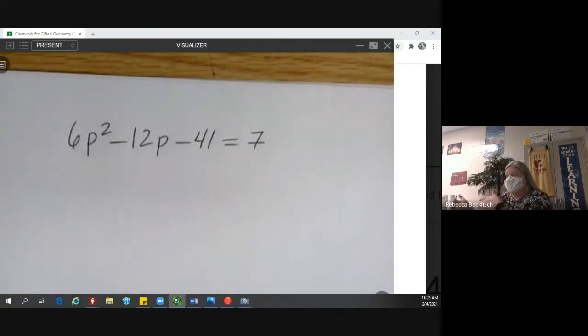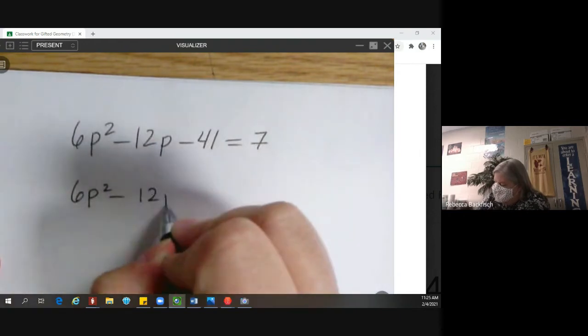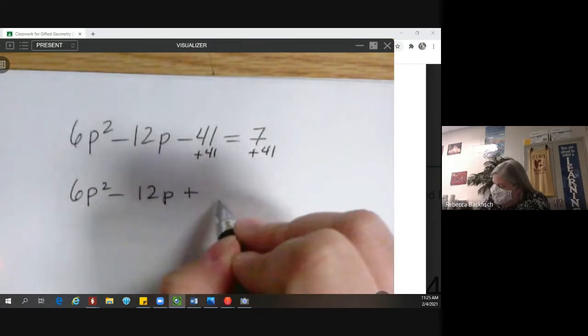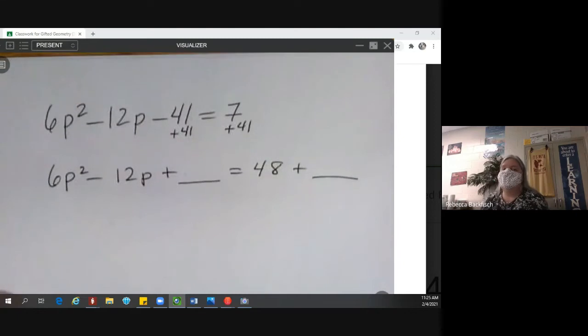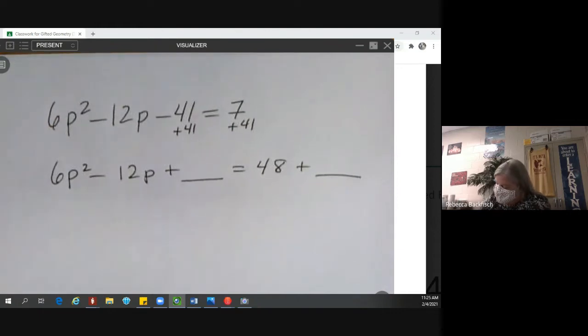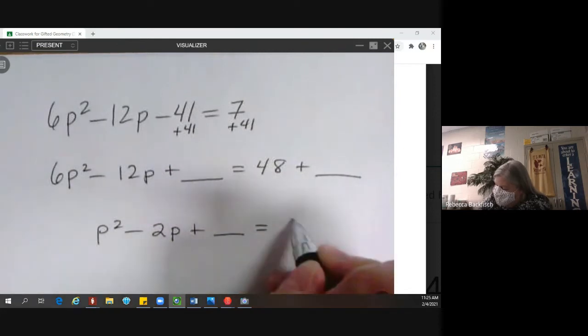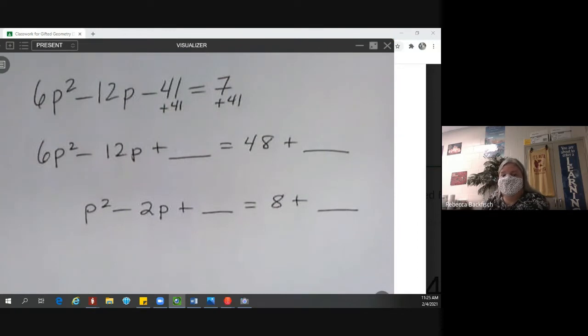But if I put it in standard form first, or in completing the square form, so to speak, which would look like this, then everything here is easily whole number divisible by 6. So I can go ahead and divide out the 6 and move on. I would divide both sides by 6. When you divide both sides by 6, you get p squared minus 2p equals 8. And I've still got my blanks ready to go so that I can start completing the square.